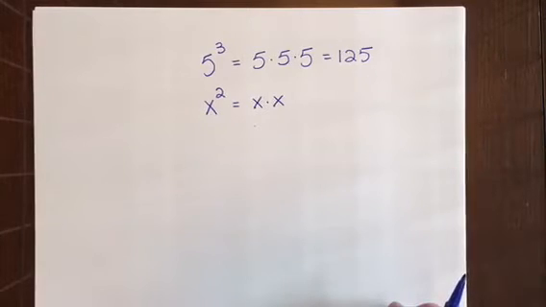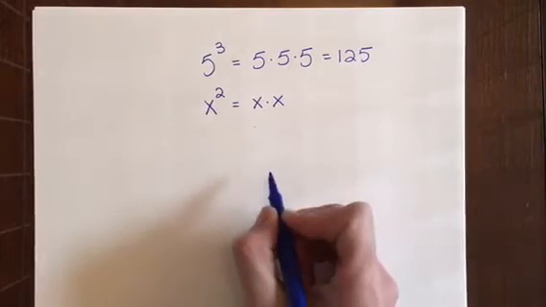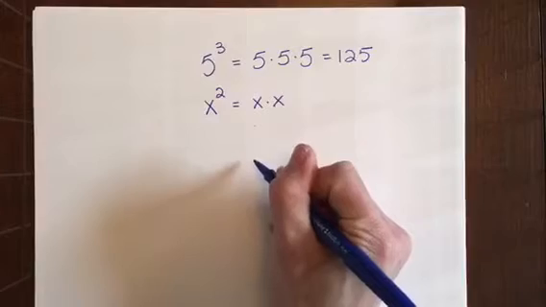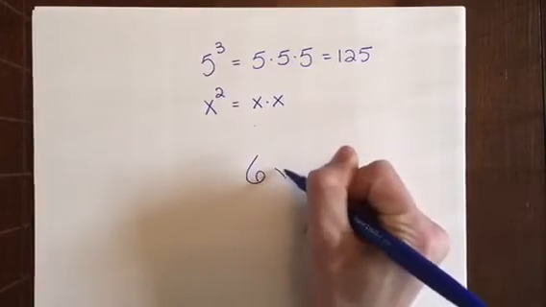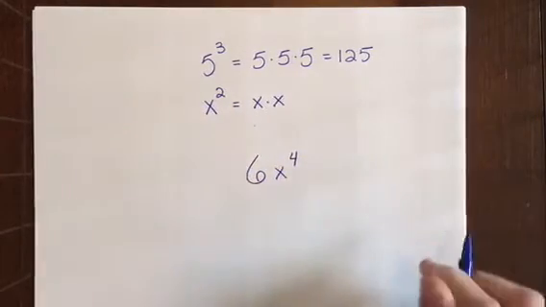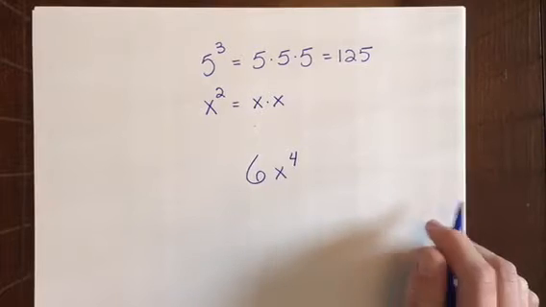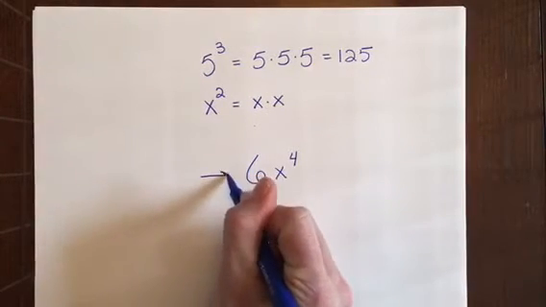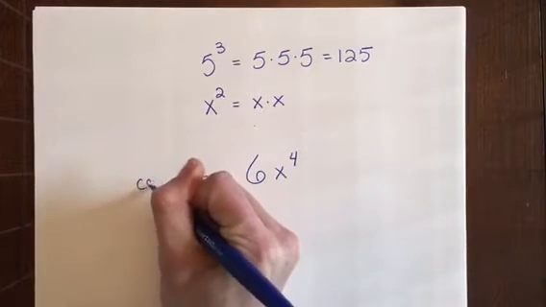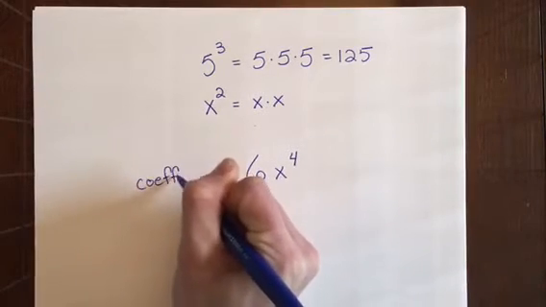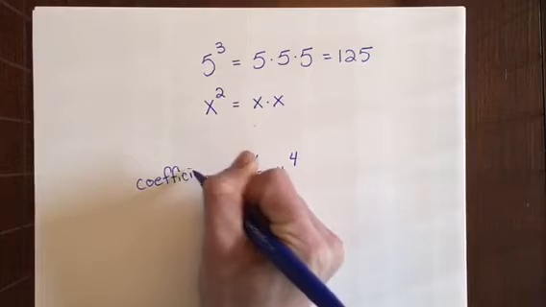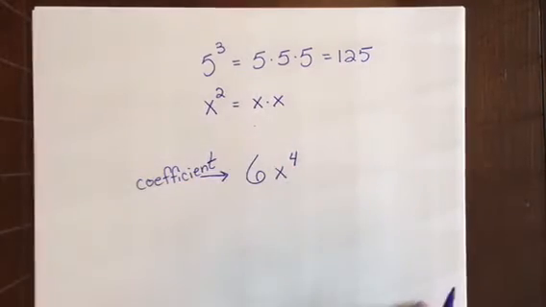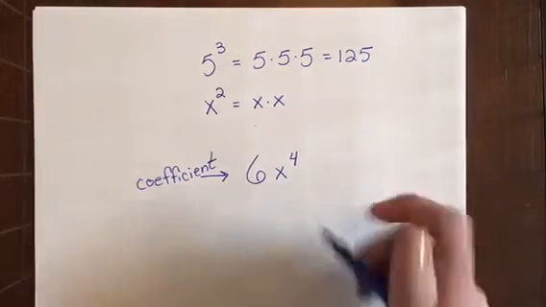And let's start with some vocabulary. If you are shown something that looks like 6x to the fourth power, there are 3 different pieces here. The 6 is called the coefficient, just like when we had 6x, we still call 6 the coefficient.